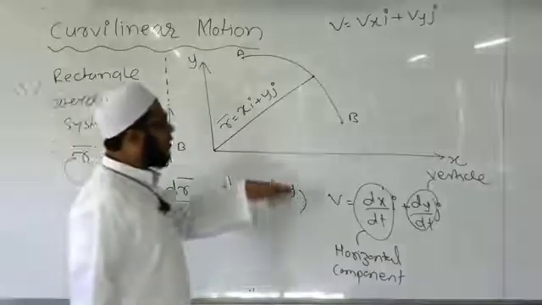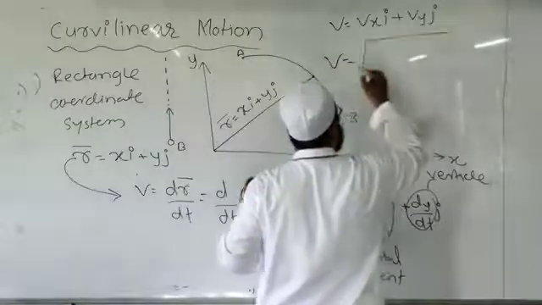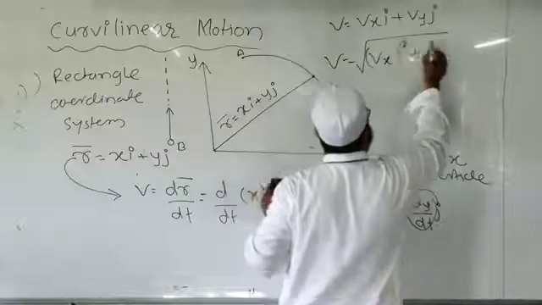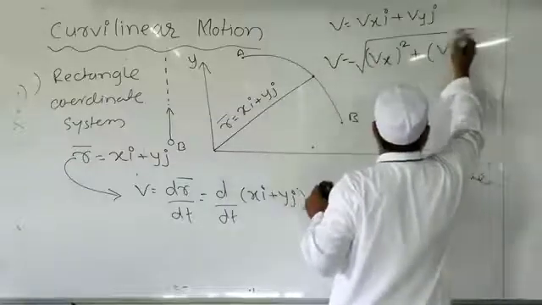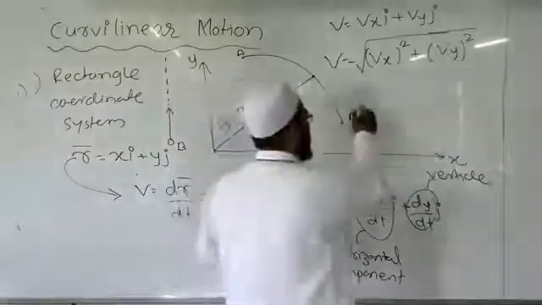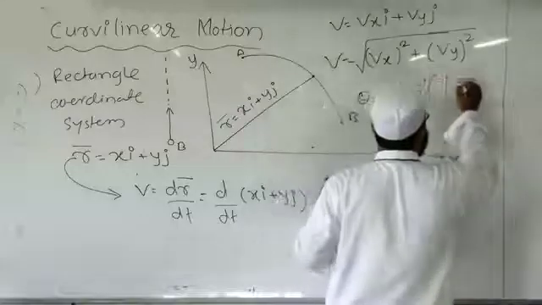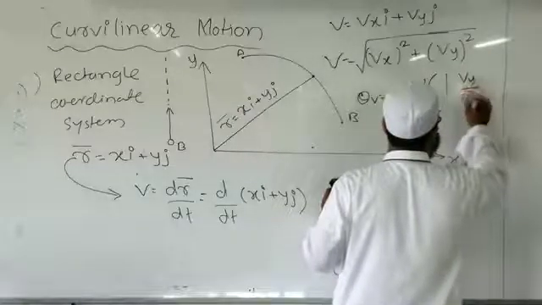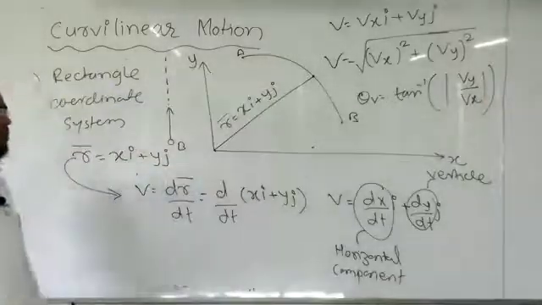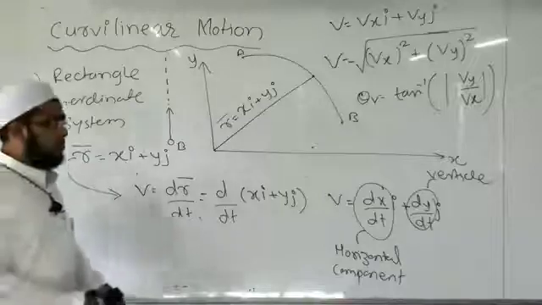If I require the magnitude of velocity v, then whenever two vector quantities are perpendicular to each other, v equals root of vx square plus vy square. If direction theta v is required, then it is tan inverse of mod of vy divided by vx.